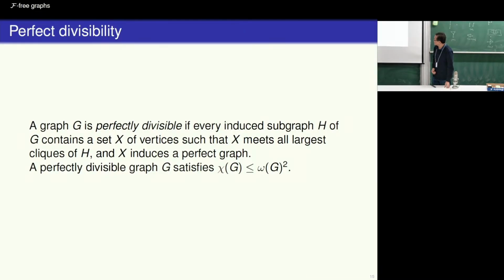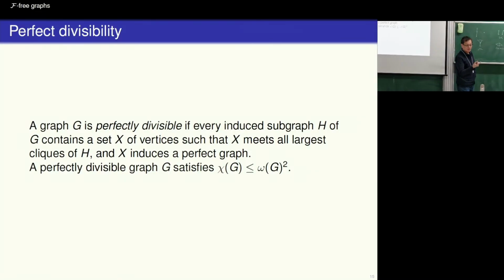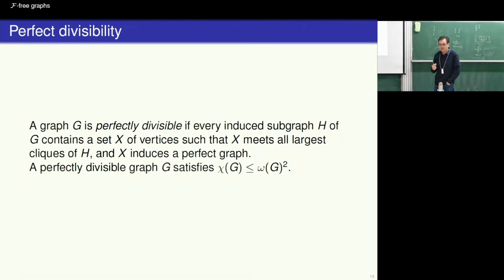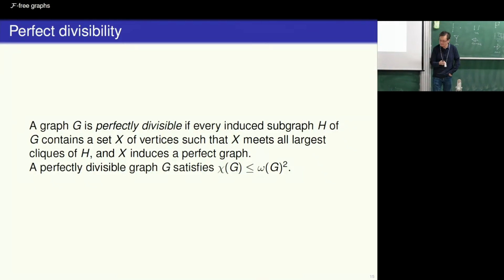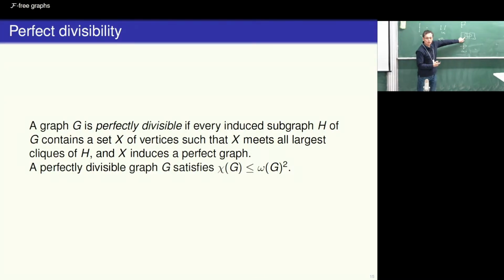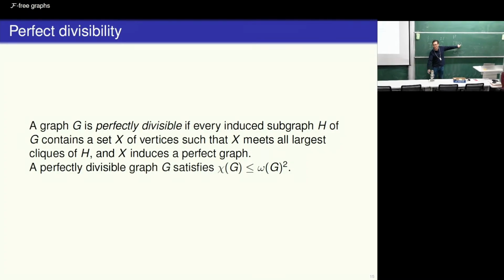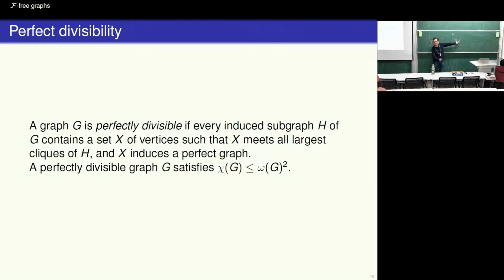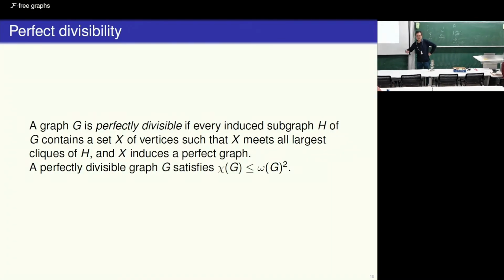Then you can use induction to prove that a perfectly divisible graph has a chromatic number at most omega squared, where omega is the size of your largest clique. So it is a stronger property, right? Because if the graph is perfect, then you color it with omega colors, right? After you color it, then on this side your omega is decreased by 1. So by induction you do it again. Oh, not induction. You do it by iterations, right?